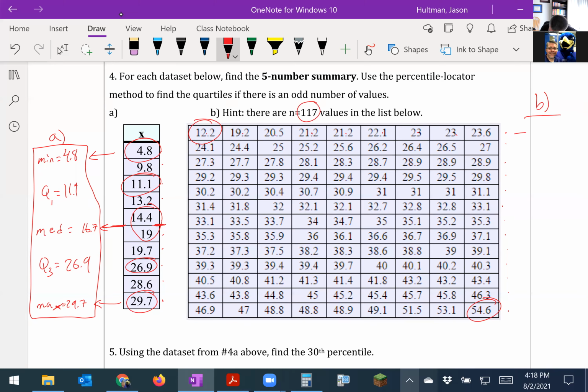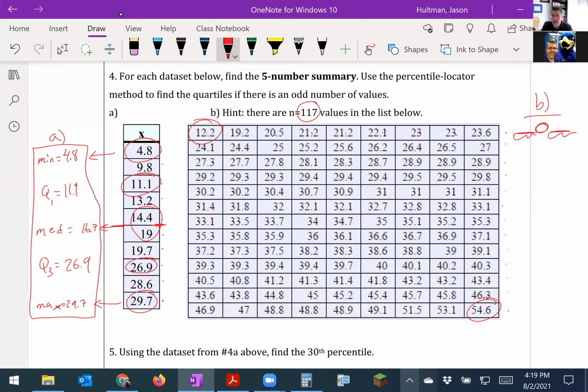Why can I do that? Because if I think of this as being balanced, if it's an odd number, you're going to have one data point in the middle, and then the same number on both sides. So I'm going to subtract off the median, which would be one data point. And then I'm going to have 116 left over, and they have to be evenly distributed on both sides.